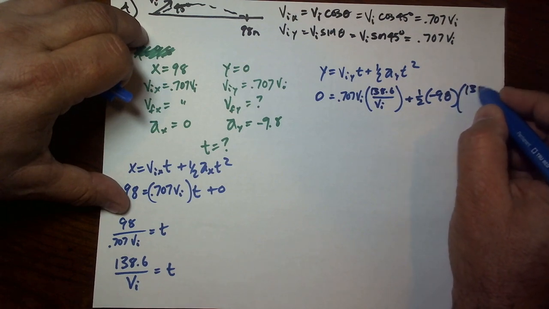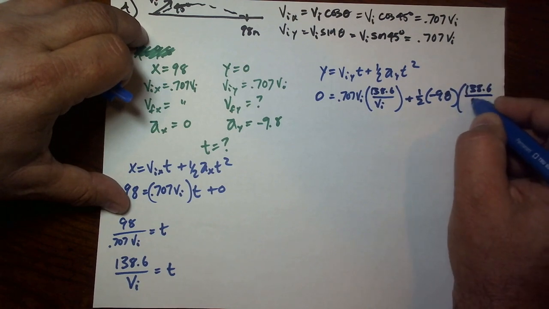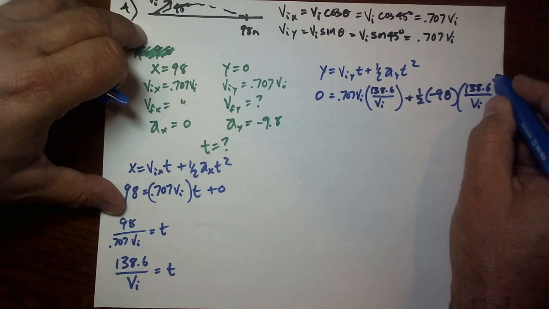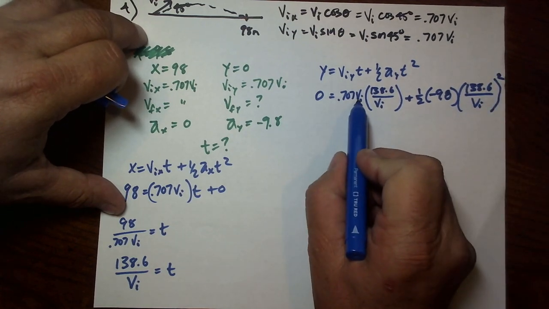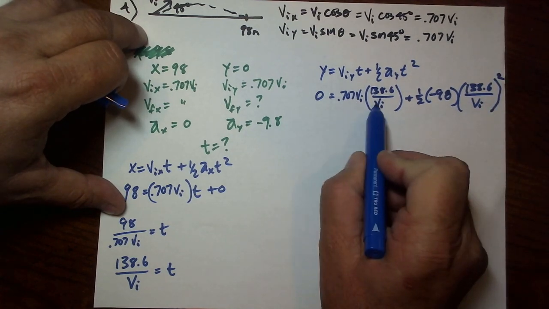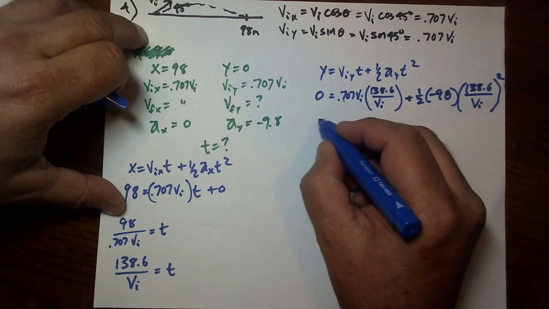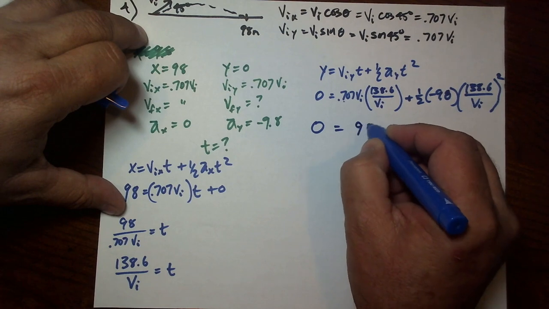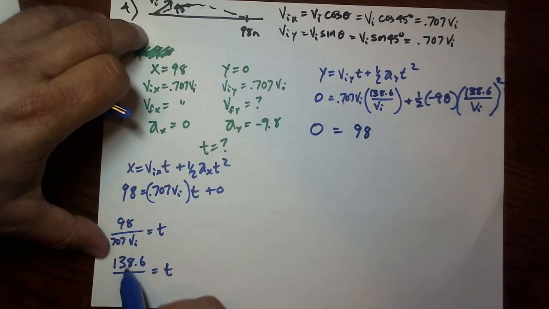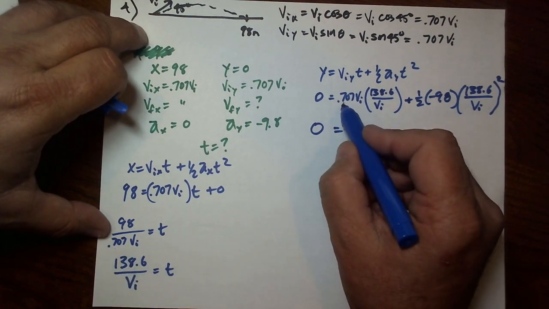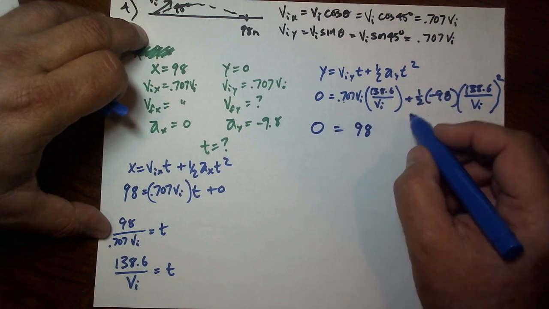That's 138.6 over VI, but that whole thing has to be squared. Now here, the VI and the VI on the bottom cancel out. So all we really have is 0.707 times 138.6. And that turns out to be 98, because that's how we got 138 is by dividing by 0.707. So if we multiply by 0.707, we get back to 98.